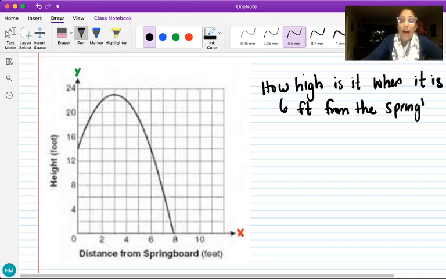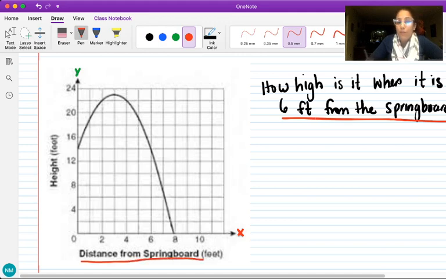So, how high is it, right? So, when we are 6 feet from the springboard, which is x, distance from the springboard, how high? It's asking how high. That's the question. So, we need to know what y is. So, when x equals 6, what is y?